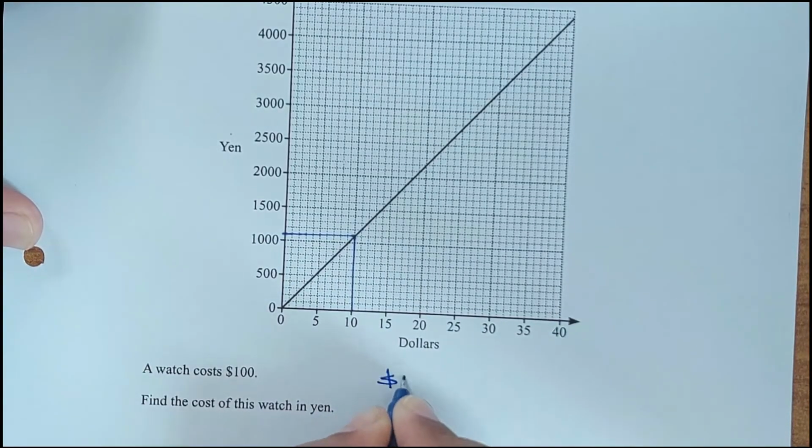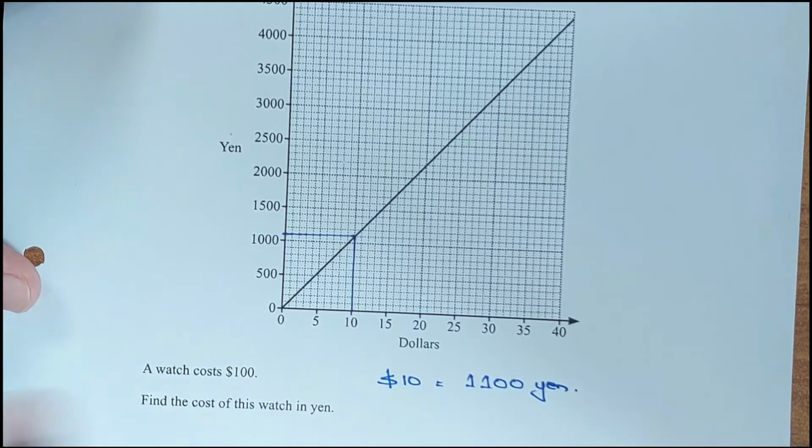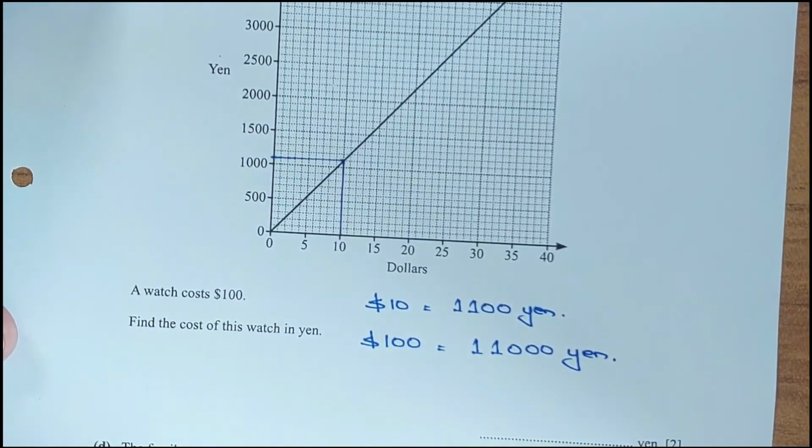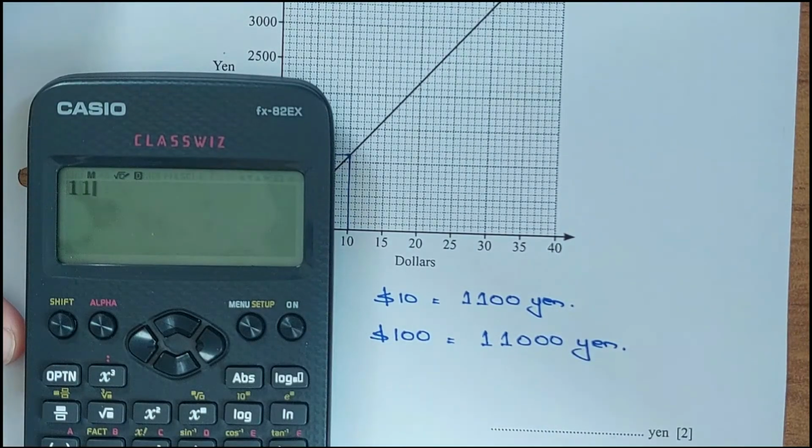Okay, $10 is equal to 1,100 yen, right? So we need to find for $100, which is 11,000 yen. All right, so let me check. 1,100 times 10, yes, 11,000 yen.